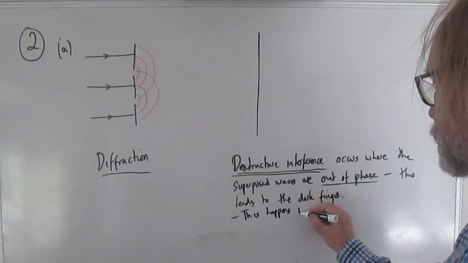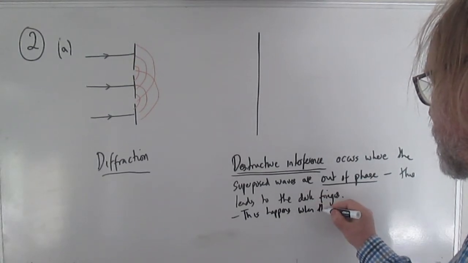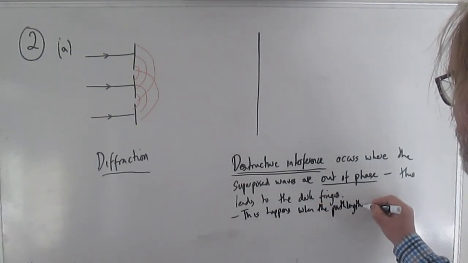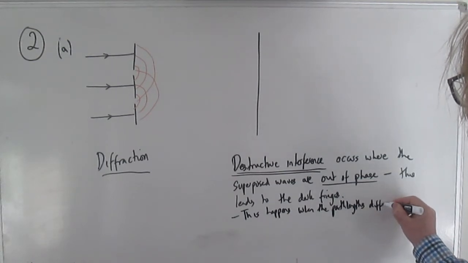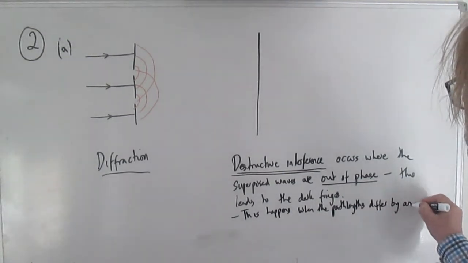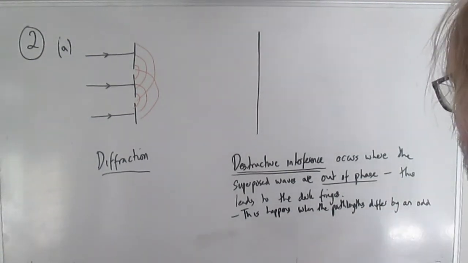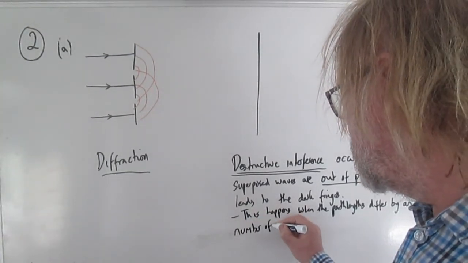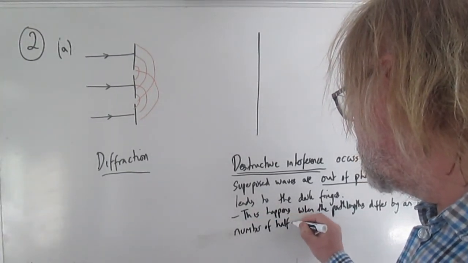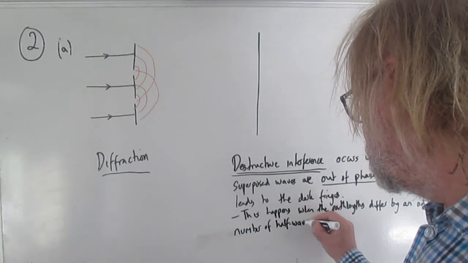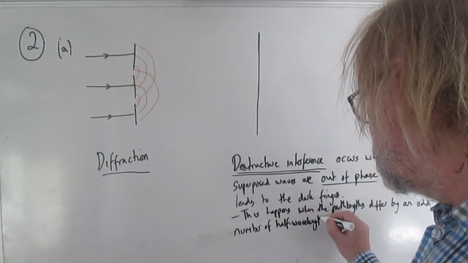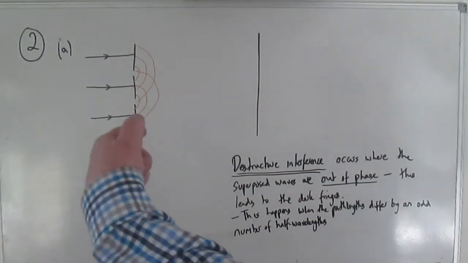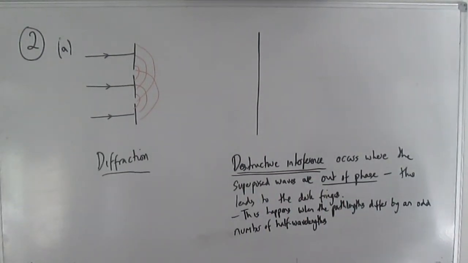So this happens when the path lengths differ by an odd number of half wavelengths is probably the easiest way to put it in words. In other words, by half a wavelength, or 1.5, or 2.5, or 3.5 wavelengths, or whatever.